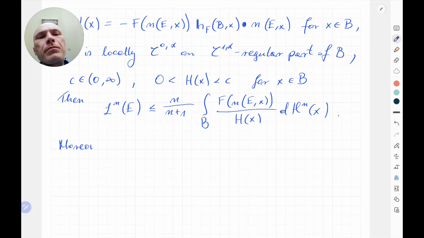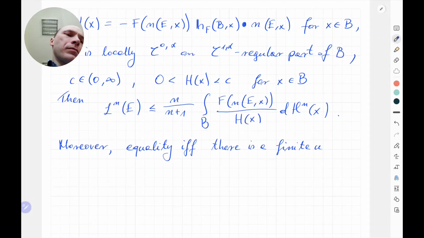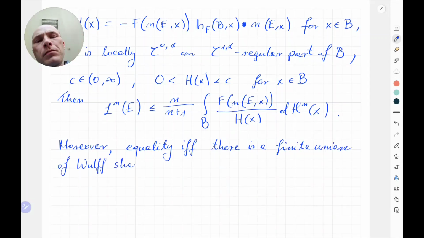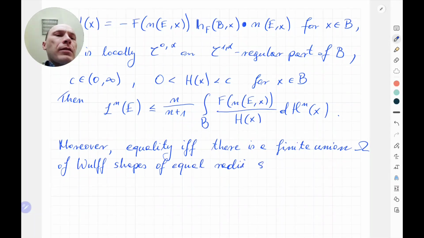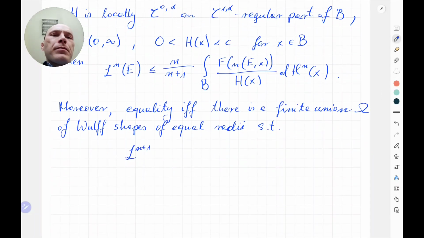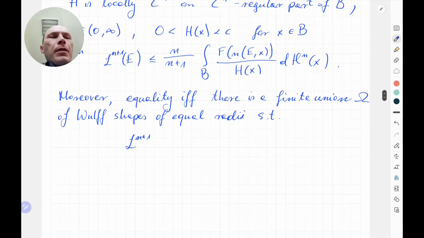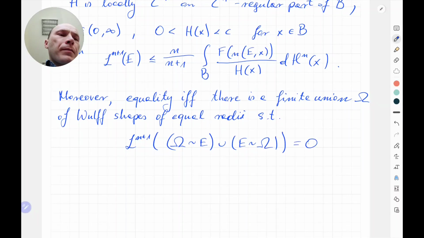Moreover, there is a finite union omega of Wulff shapes of equal radii such that, I should put n plus 1 here, the symmetric difference, so omega minus E plus E minus omega, has measure 0.